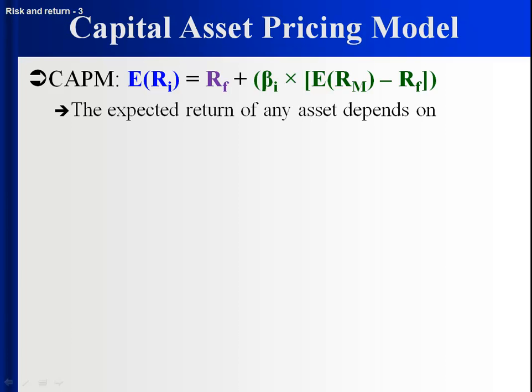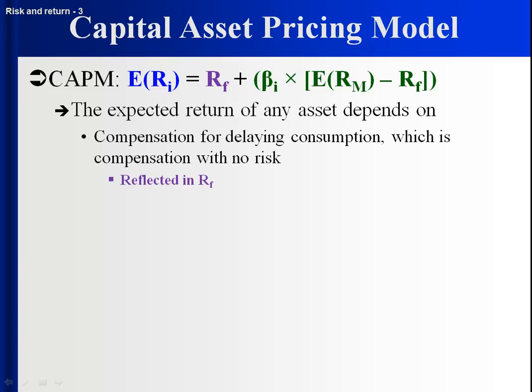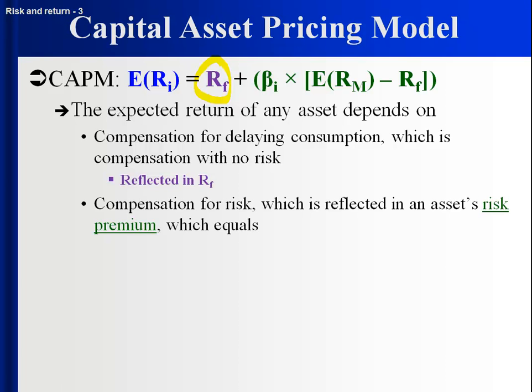We've talked about how the expected return on any asset depends on two things. The first is compensation for delayed consumption. If there's absolutely no risk, this is how much the expected return would be for a stock. But if there's any risk, then you get the extra. You get the risk premium associated with the level of risk for that asset or that portfolio. And so the second part is the risk premium.